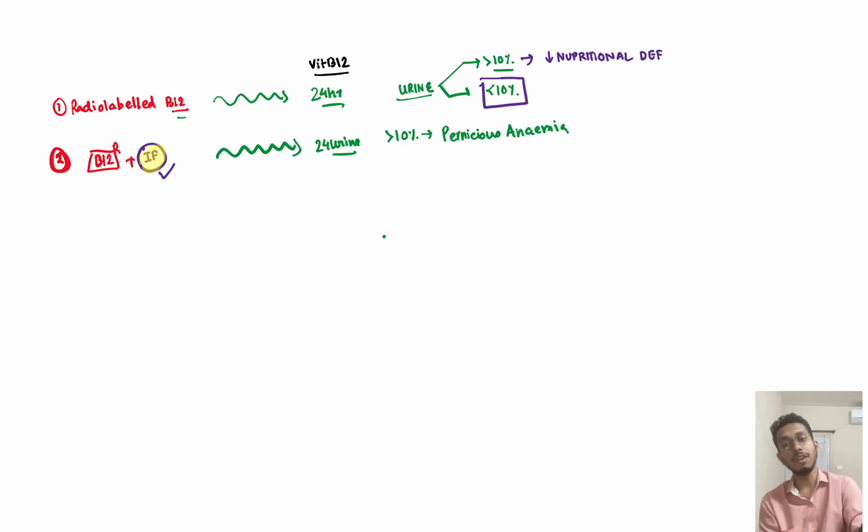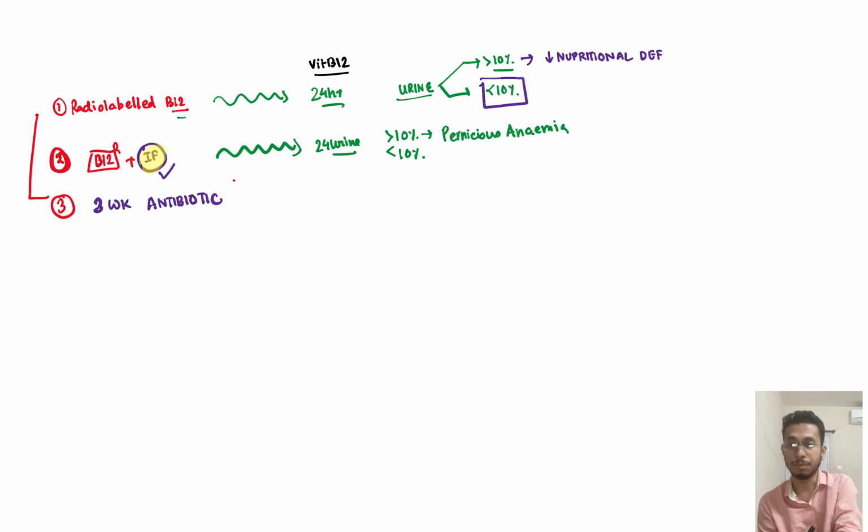Alright. Now, if in step 2 of the Schilling test it comes less than 10%, we apply step 3. In step 3, what is done? The patient is given a 3-week antibiotic course. After the 3-week antibiotic course, the patient again undergoes the same test, similar to step 1.